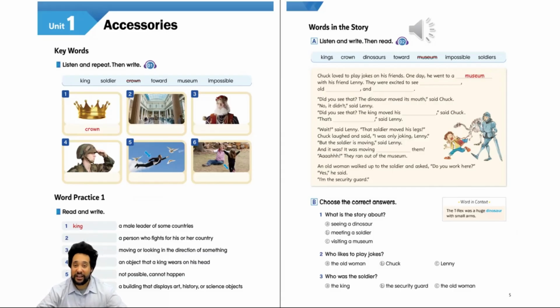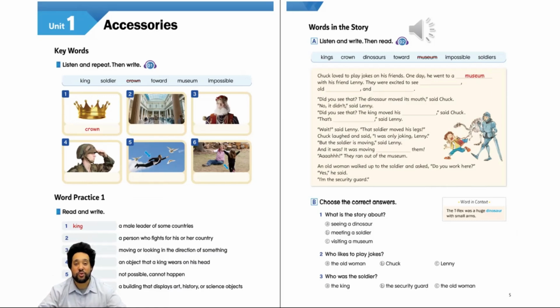Now, what I would like you to do is write down the word that matches each picture. We've listened and we've said the words already. The first one has been done for you. So I'd like you to do the same thing for pictures 2, 3, 4, 5, and 6. You can see with picture 1, what is the picture?